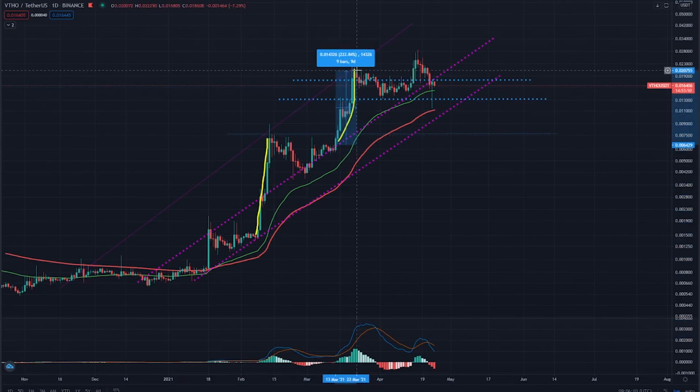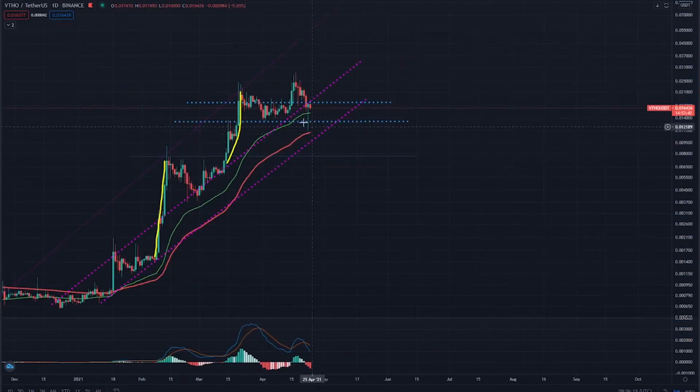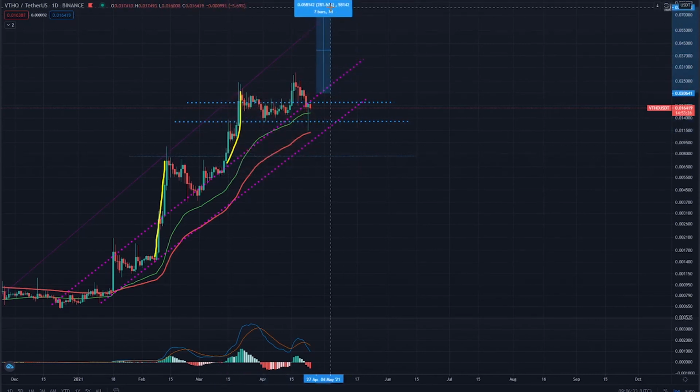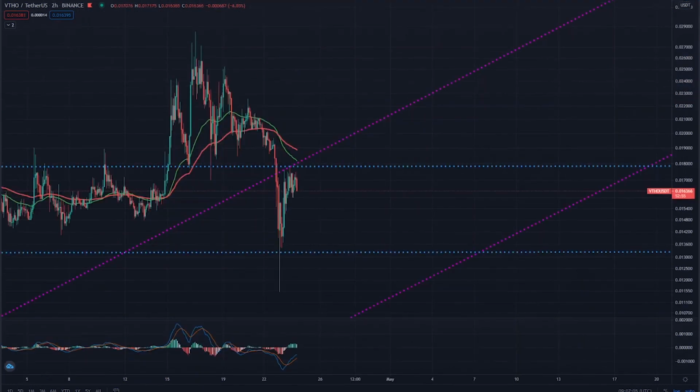This one was a little bit smaller, so about 200, and maybe we can tag again this upper resistance, which would fuel up another move similar to this one, so about a 200 or 250% move, which would put us to about 0.07 US dollars.